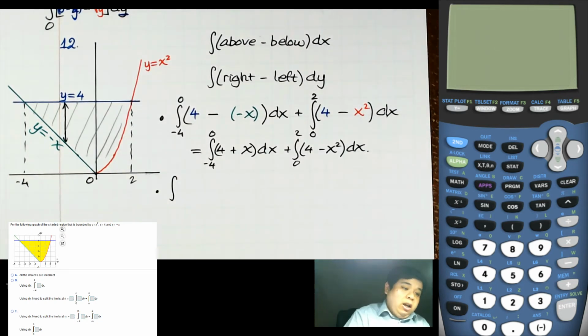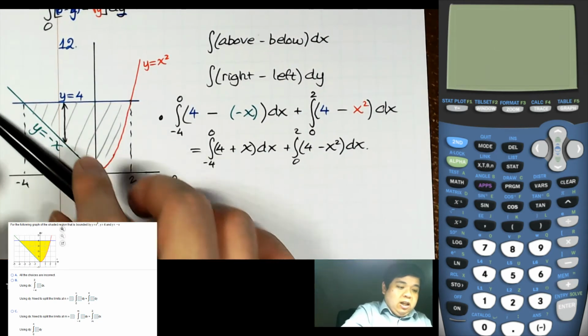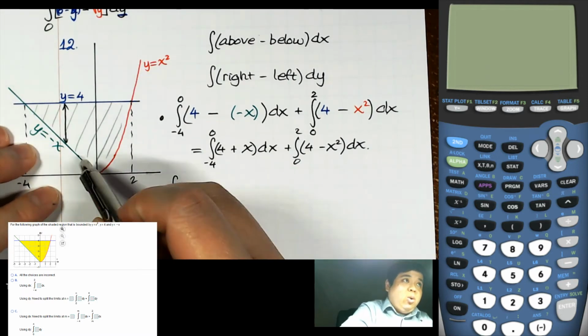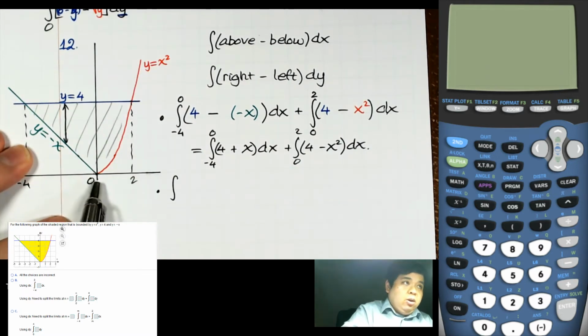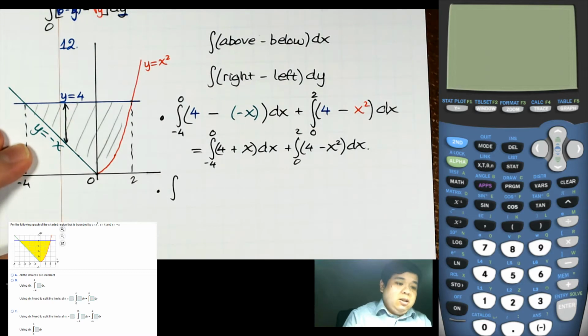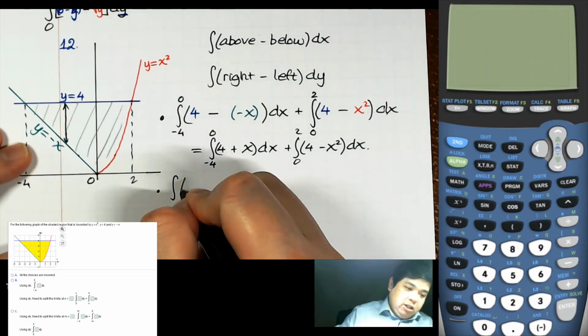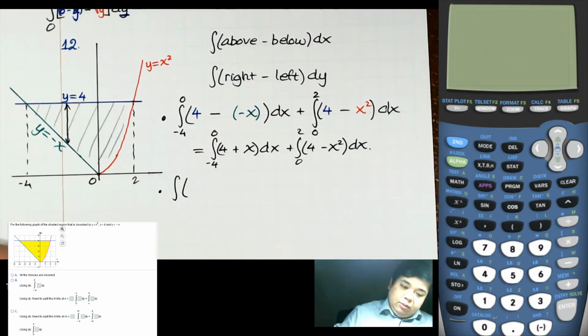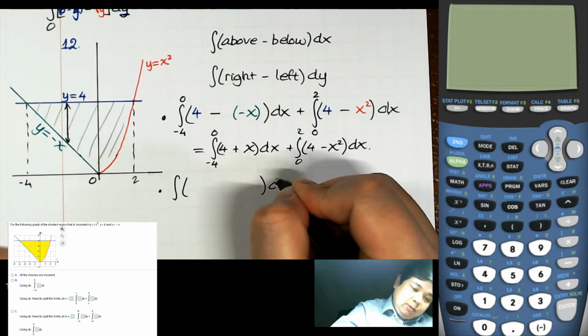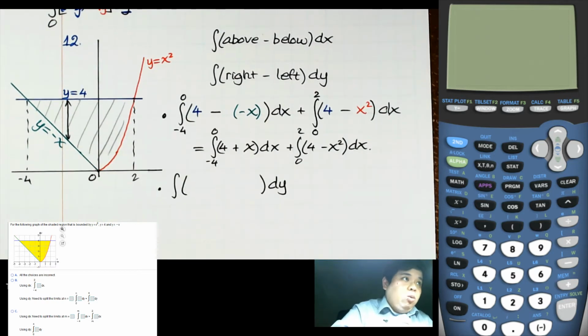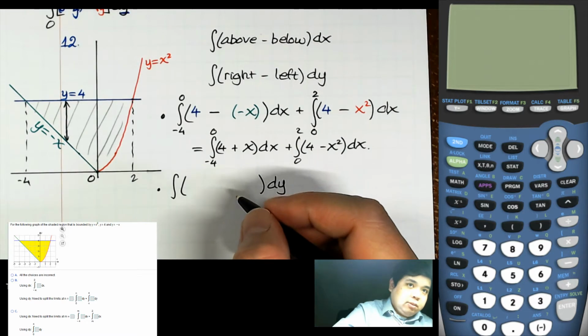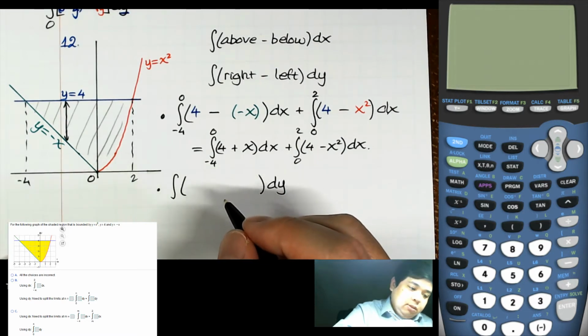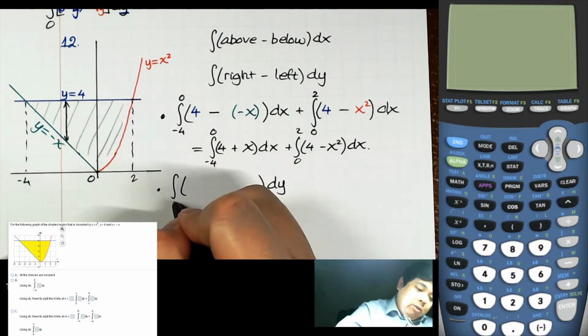for dy, on the right is y equal to x squared, and on the left y equal to negative x. So on the right, if we use dy, the limit for y will be from 0 to 4.